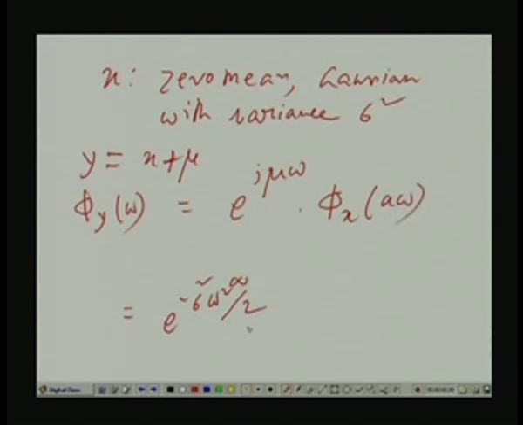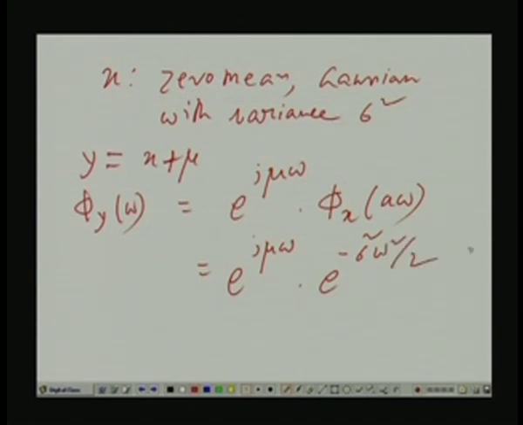So, you will get this quantity only, which means e to the power j mu omega minus sigma square omega square by 2. Okay.